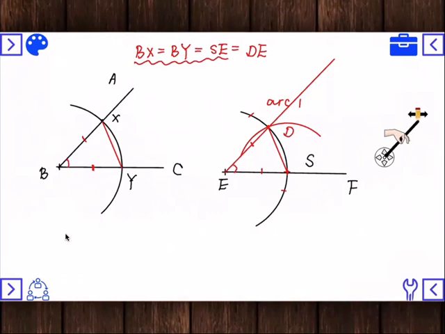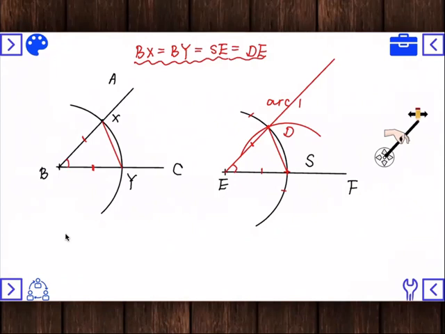But if you really look at the second diagram, you'll notice that ED is actually another radius of the first arc in the second diagram, which means ED is also equal to SE, which is also equal to BX and BY. Okay, so we know this.